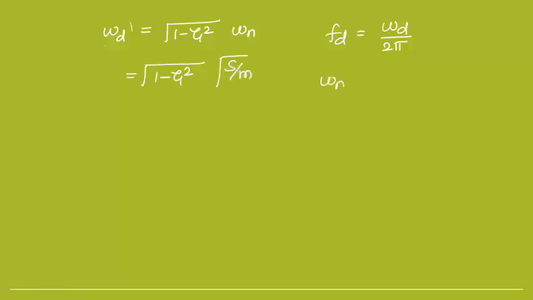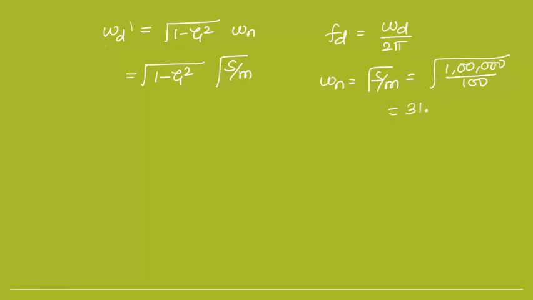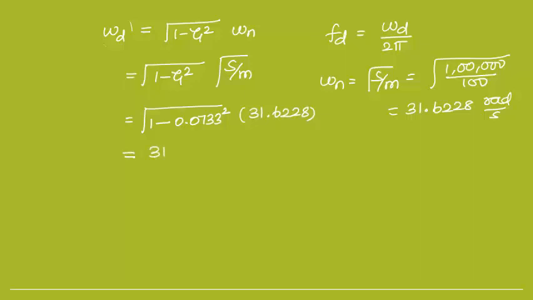Omega n value is root of 1 lakh divided by 100, so omega n is 31.6228 radian per second. By substituting the values of zeta and omega n, we can calculate the value of omega d as 31.5377 radian per second.